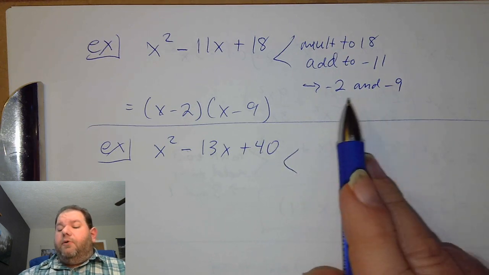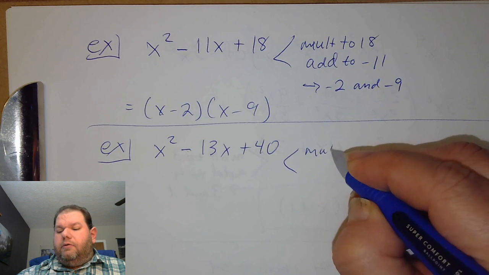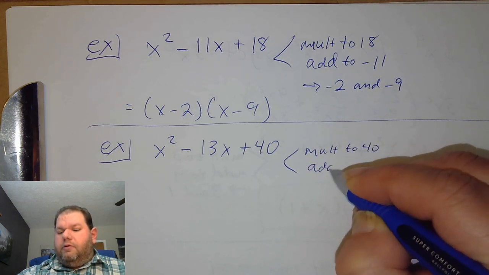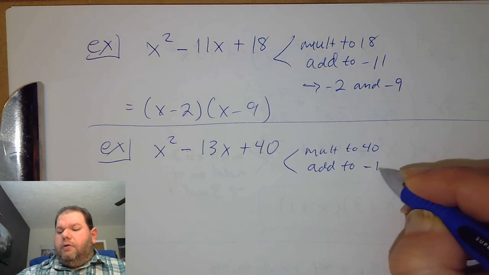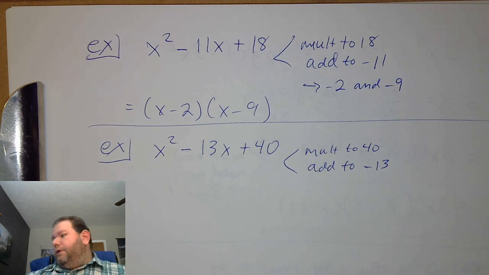The only difference is both of them are negative instead of both being positive. Okay. So x squared minus 13x plus 40. So we need two numbers to multiply to 40 and also add up to a -13.